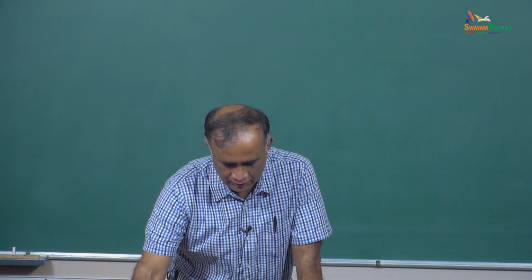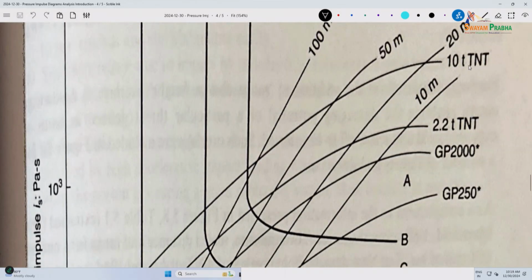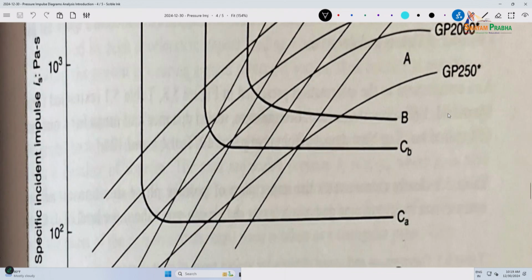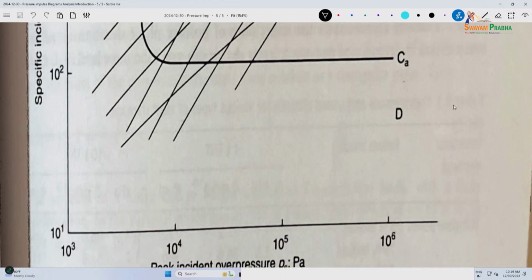And note that you can represent different advanced representations or other representations. You can include different types of explosives here. Here they are basically plotting range versus pressure.